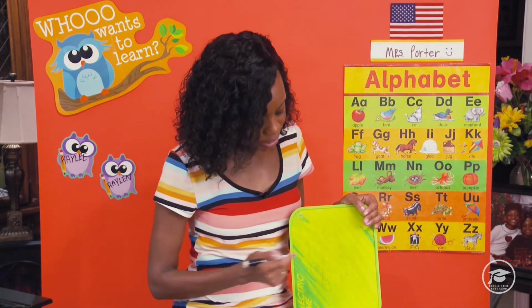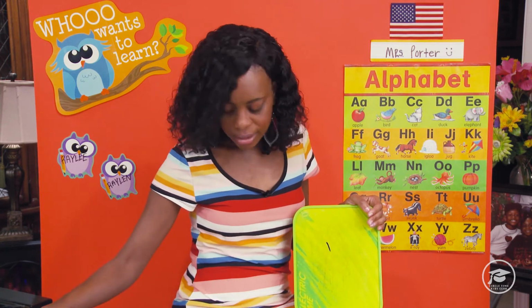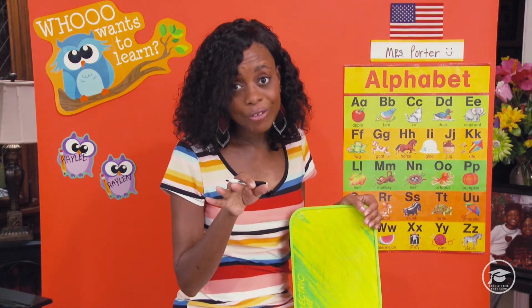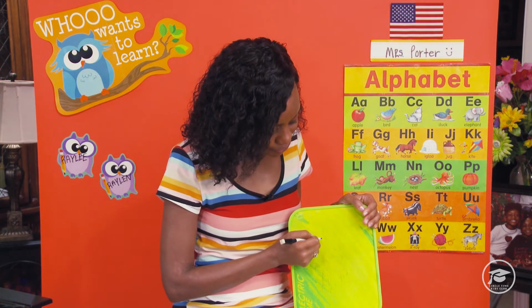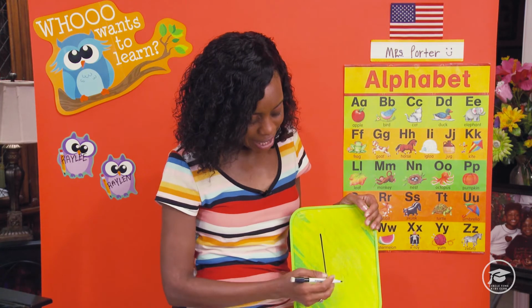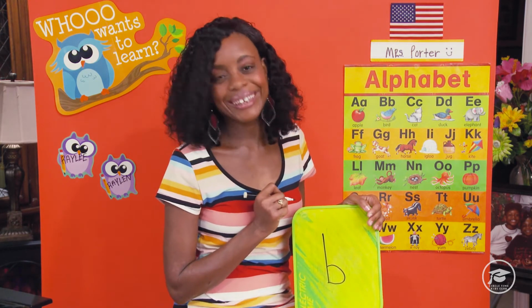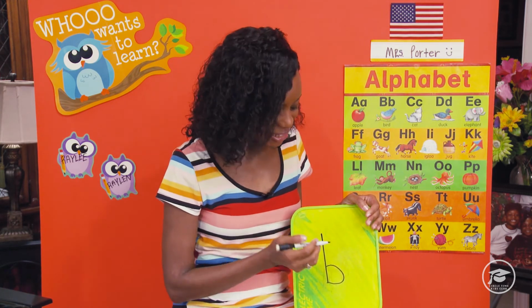So a baby bee is, oh, Miss Porter's line is a little crooked. Let me erase that. And it's okay if your line's a little crooked. But since I'm showing you, let me start over. Okay, so a line. And then he has one little belly at the bottom. See? A small half a circle. Okay? Let's do that one again.